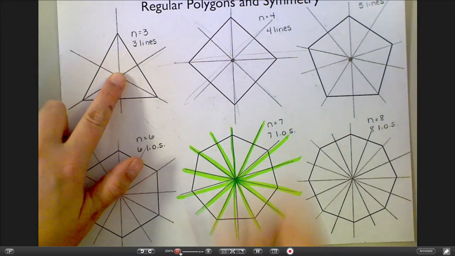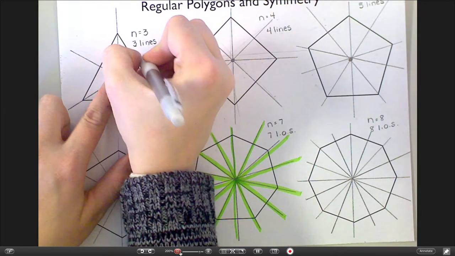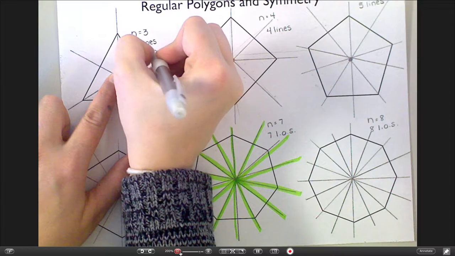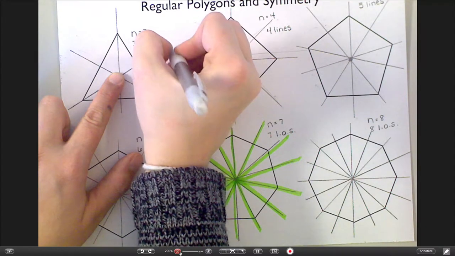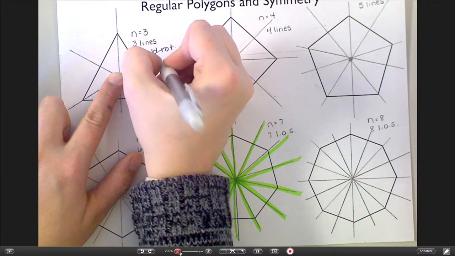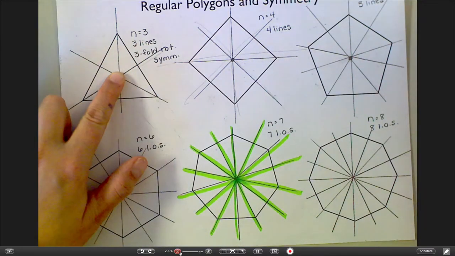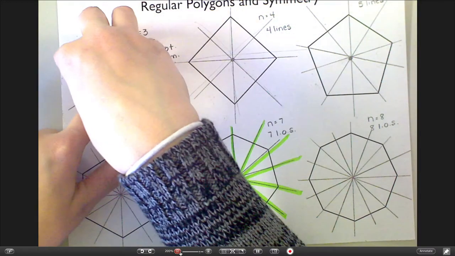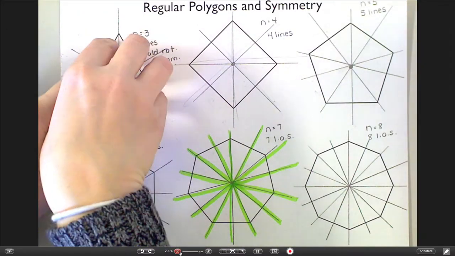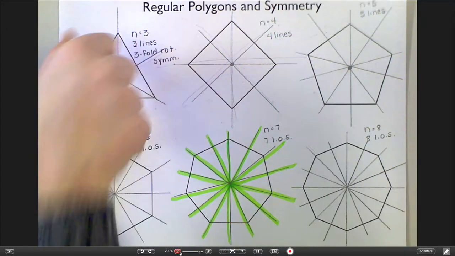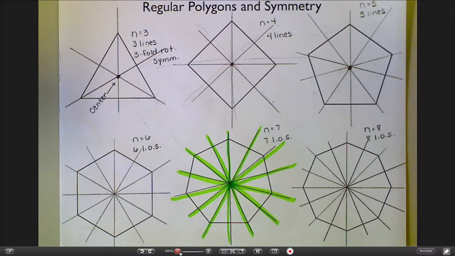So this has what we call 3-fold rotational symmetry, on top of the lines of symmetry. Because if I took this triangle, I could spin it once, spin it again, and then the third time it would land back on itself.